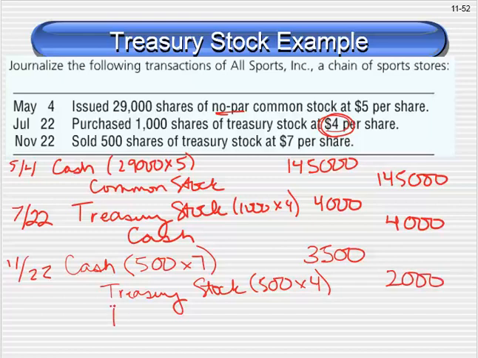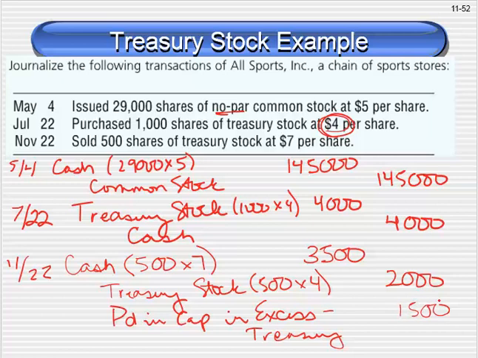And the difference gets credited to paid in capital in excess for our Treasury stock, which is $1,500.